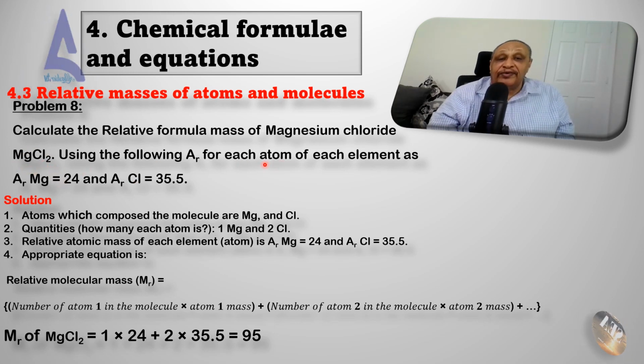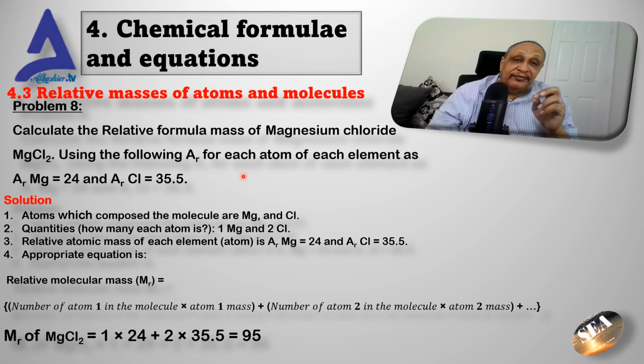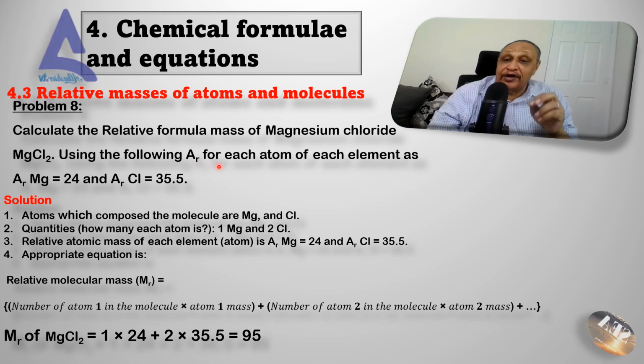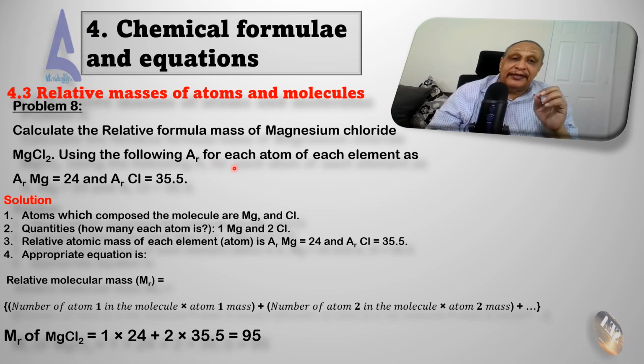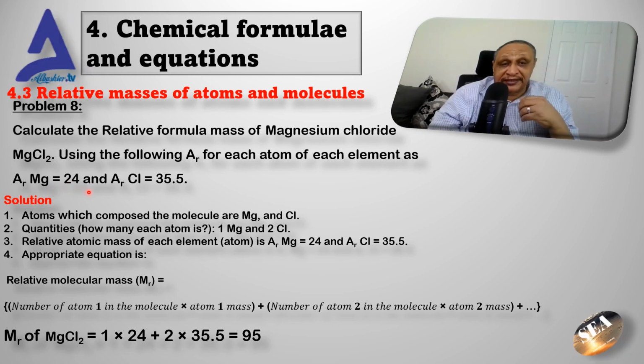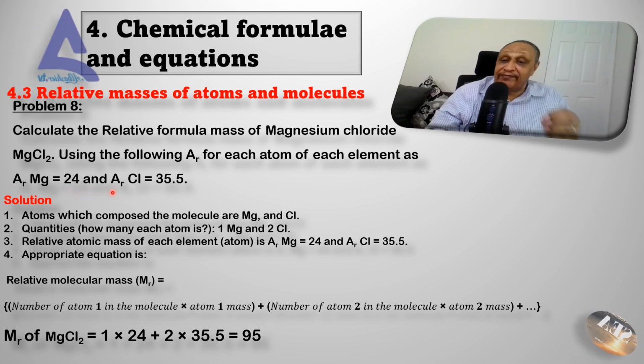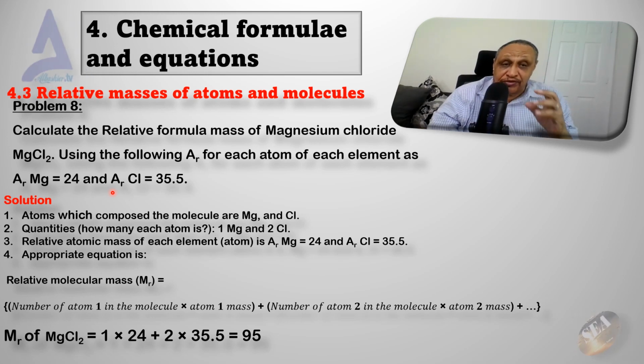Using the following, here he gave us each atom's relative atomic mass. Do not say, no, I know that magnesium is 24 point something. No, just use what he gave you. Since this is given information, do not hesitate. You have to go through this. Then you apply your protocol.